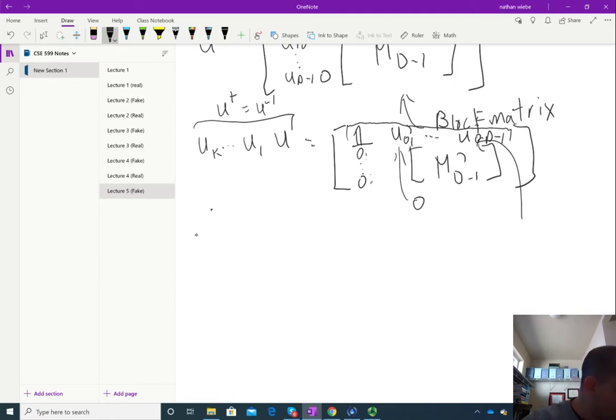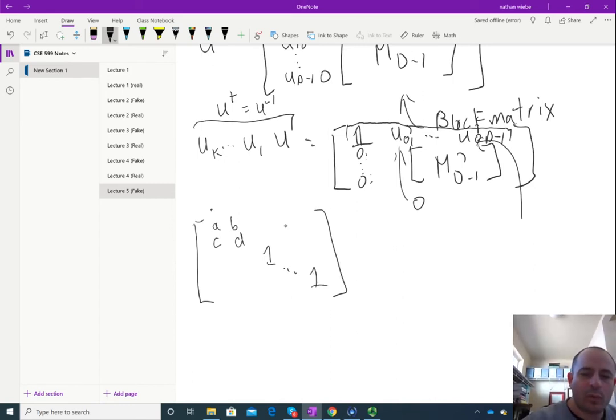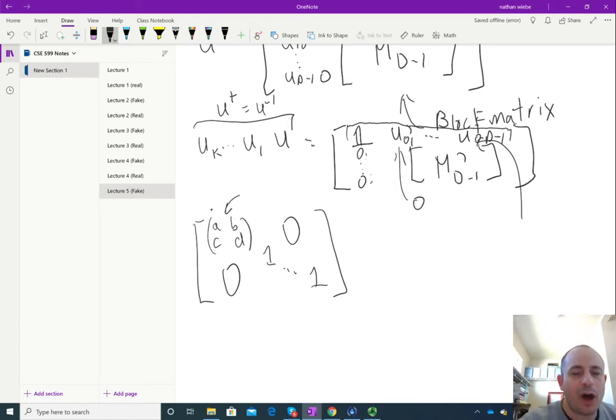For example, if we've got a matrix of the form A, B, C, D over here, and 0 everywhere else, you can see that this is equivalent to doing a controlled rotation inside this two-dimensional subspace up here, spanned by that block. So how do we end up doing this?